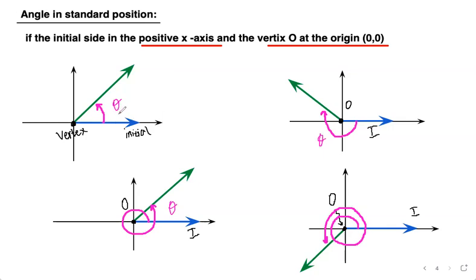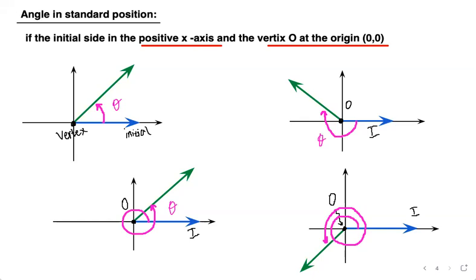So here I get a question: why can it not be counterclockwise? This is clockwise because, as you see here, the angle turns around this side, starting from here.